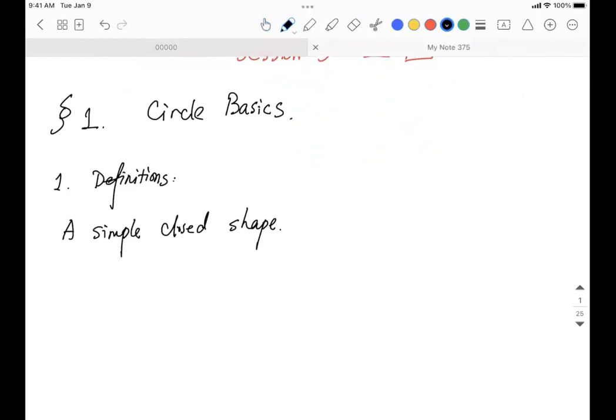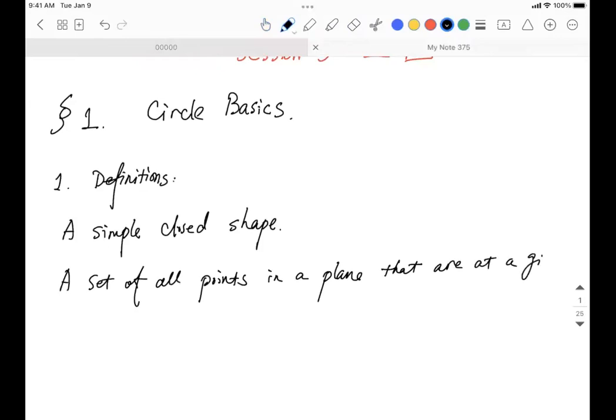The circle can be defined as a set of all points in the plane that are at a given distance from a given point, aka the center. Right? I think this is a very understandable definition talking about a circle.